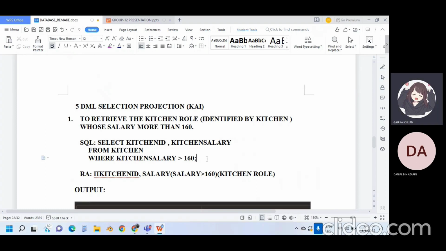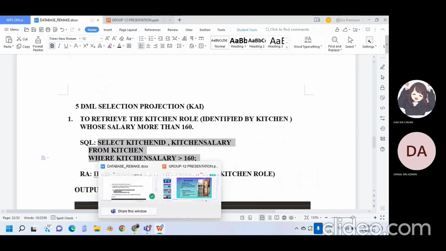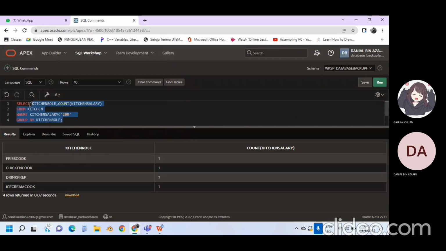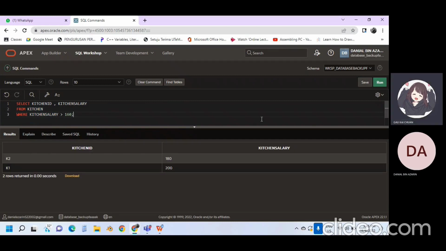The SQL is select kitchen ID, kitchen salary from kitchen, where kitchen salary is bigger than 160. So the output is for kitchen ID K2, the kitchen salary is 180, and for kitchen ID K1, the kitchen salary is 200.